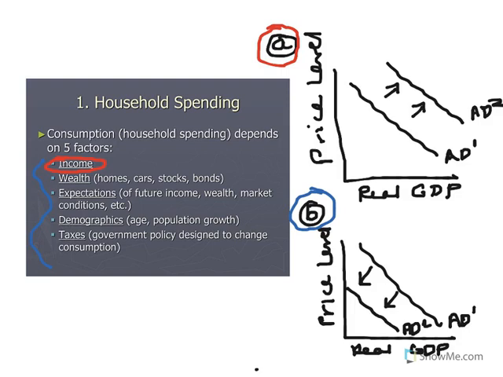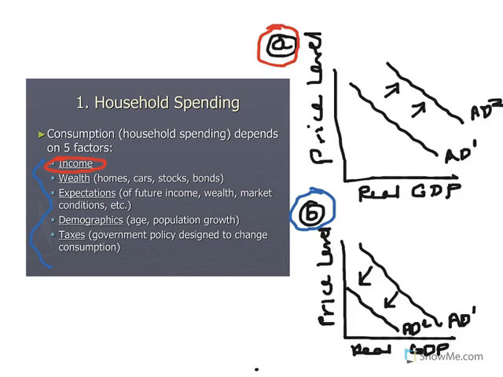So what should be happening if there's an increase in income would be what we see over here in graph A. It could cause an increase in aggregate demand, or vice versa. If there's a decrease in household income, then that means we're generally going to be purchasing less goods and services at every price level. So aggregate demand would be falling, like we see in graph B.